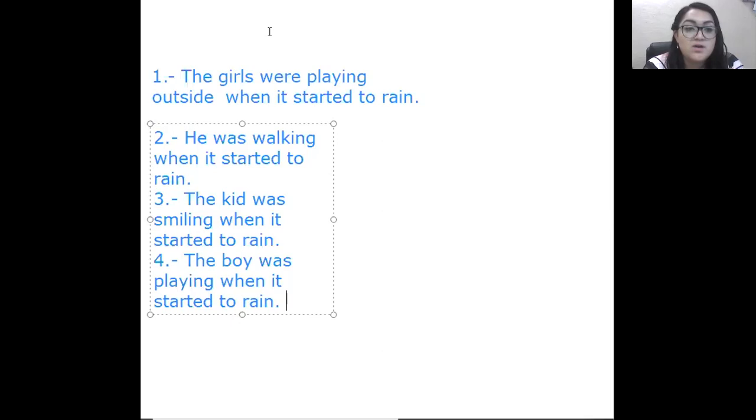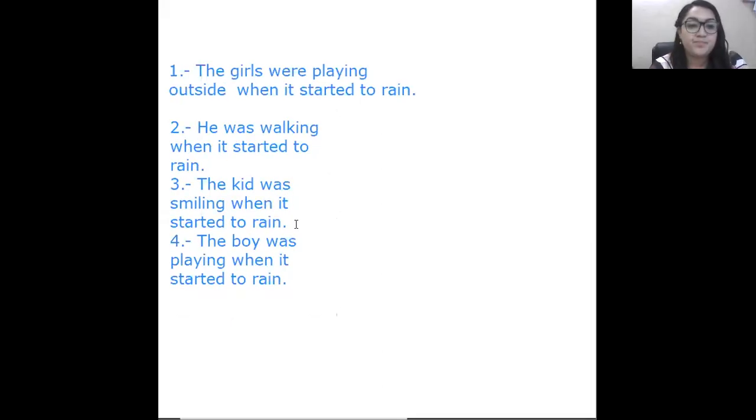Okay, so please copy these answers, guys. Please copy these answers in these lines. En estas líneas vamos a poner estas 4 oraciones, okay? Can you see them? Very good.